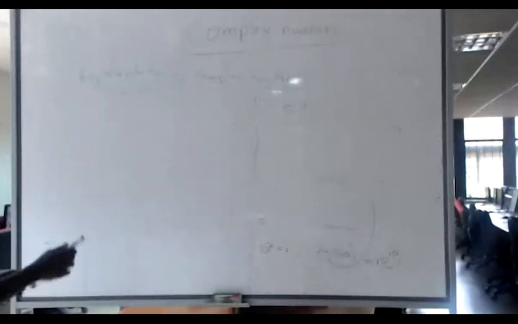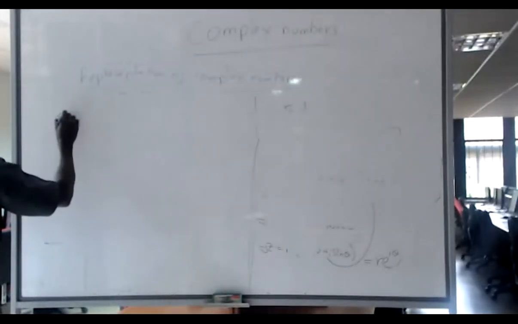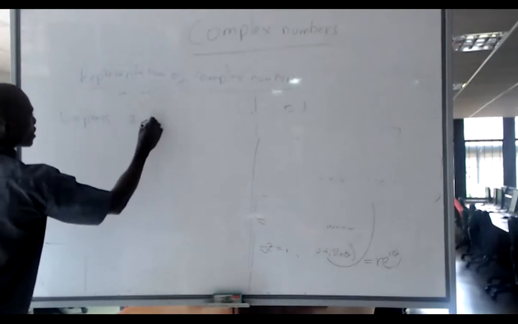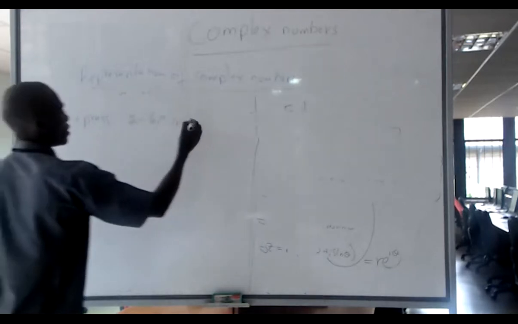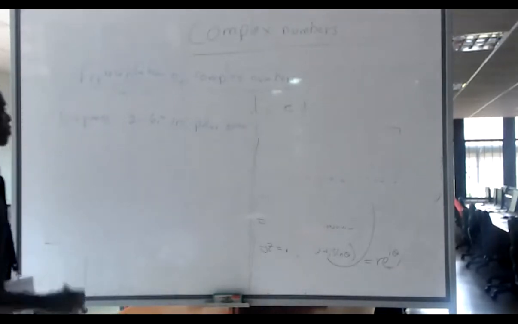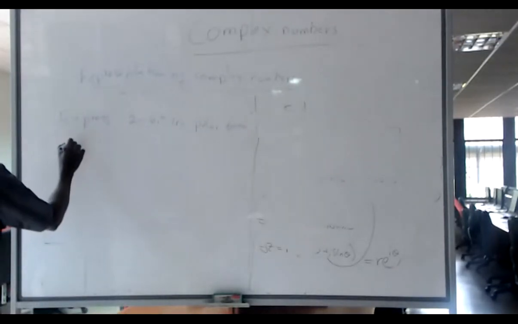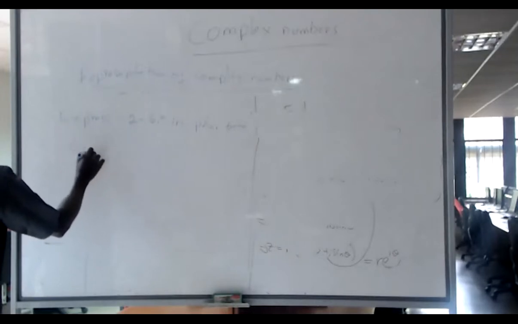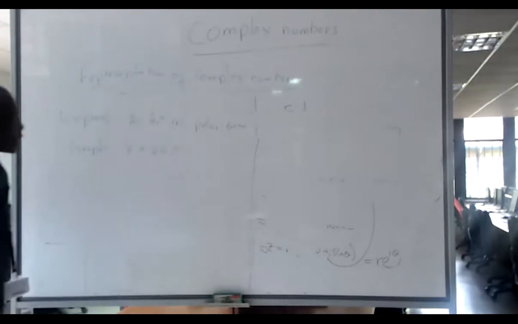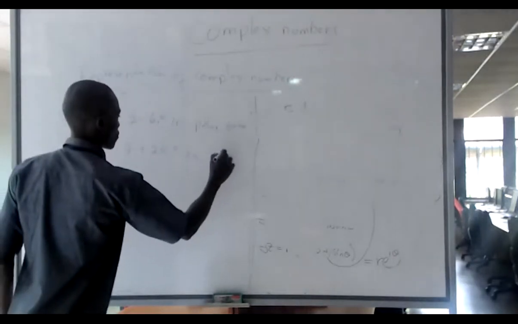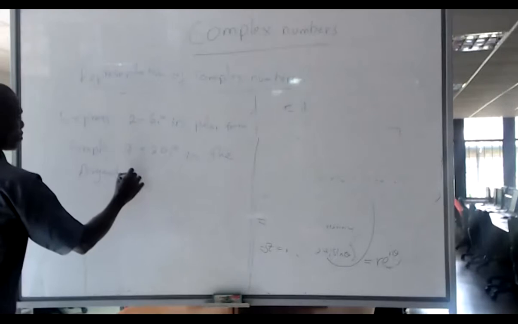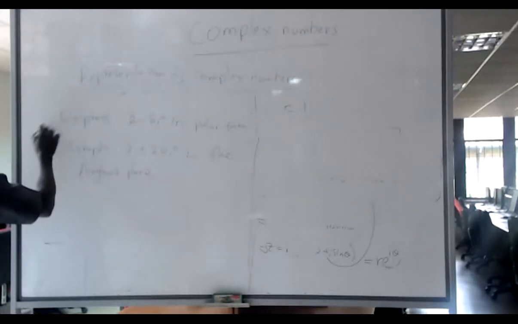I could ask you, for example, to express 2 minus 6i in polar form or polar coordinates. I could ask you to graph 7 plus 20i in the Argand diagram, the Argand plane. These are possible questions.